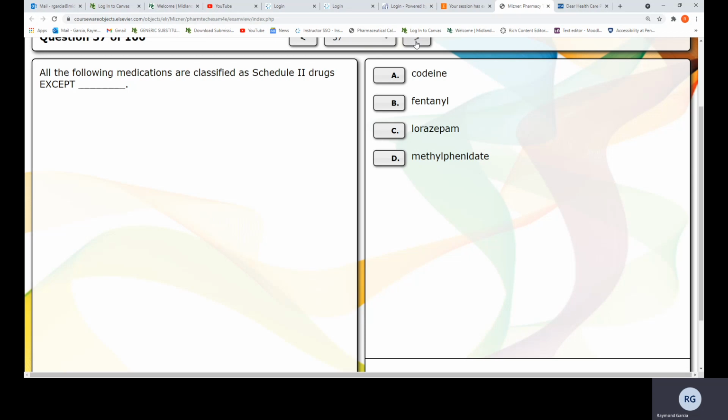What would be the more harmful one? Is it lorazepam or methylphenidate? Which one is more abusive to you? Which one? D is like a medication for ADD.